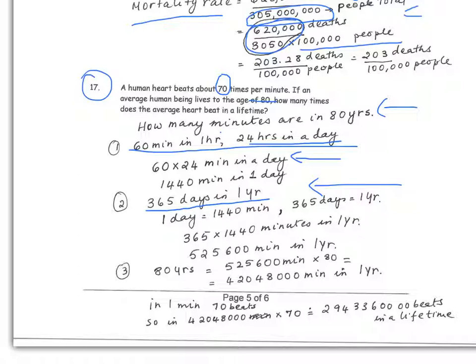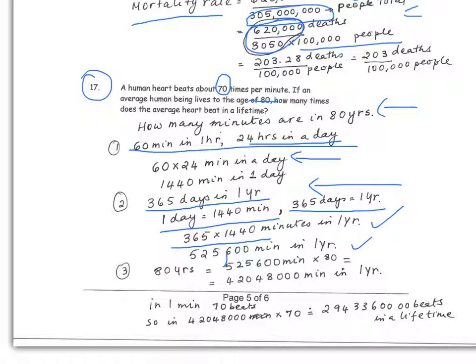So in 1 day, there are 1,440 minutes. And in 1 year, we have 365 days. So 365 times 1,440 minutes in 1 year. And that is equal to 525,600 minutes in 1 year.